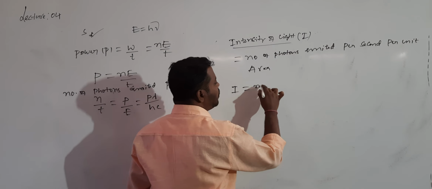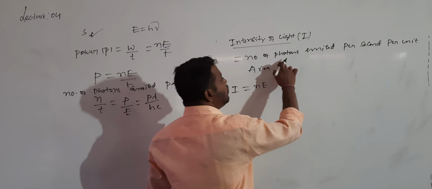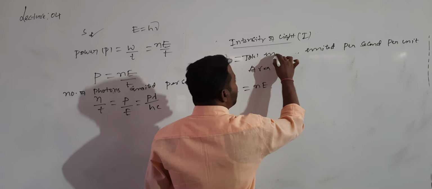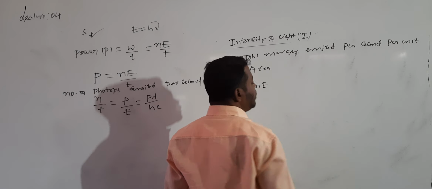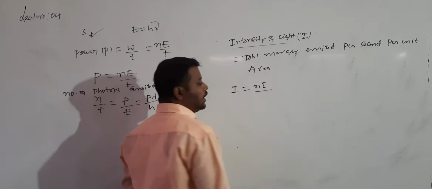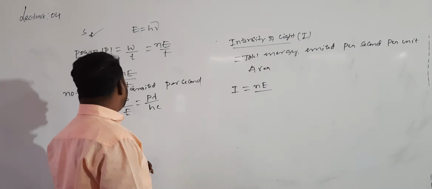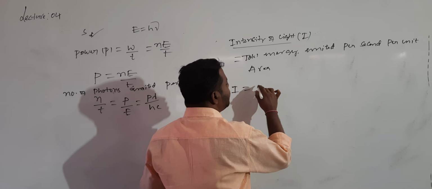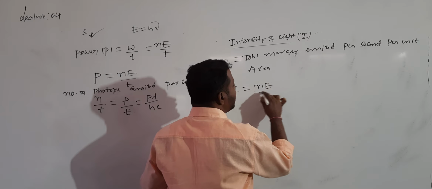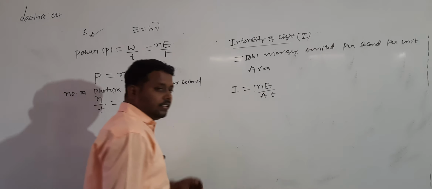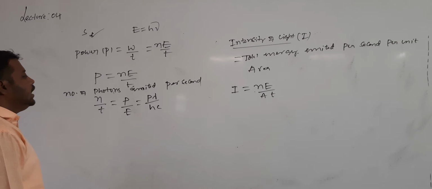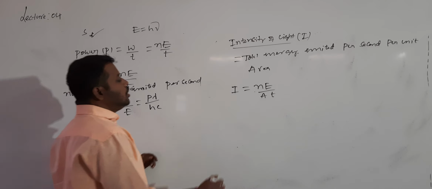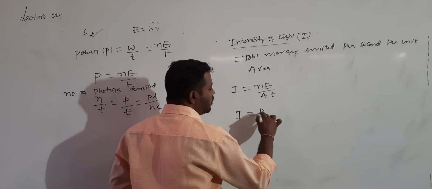If there are n photons, I can also say the total energy emitted per second per unit area will be given by n, each of energy E, divided by A into T. But n into E by T is equal to P. Therefore I can write I is equal to P by A.